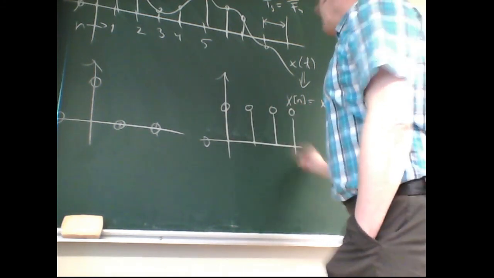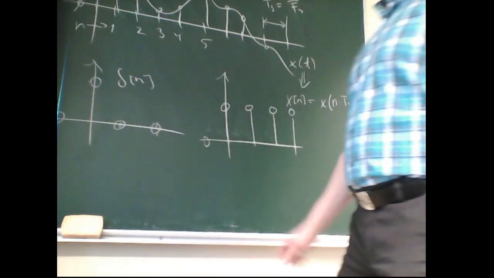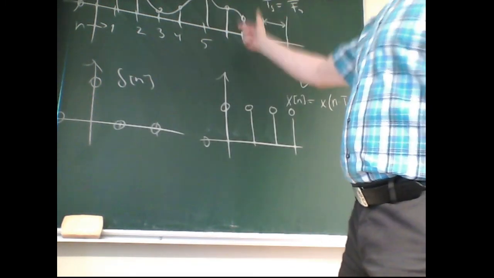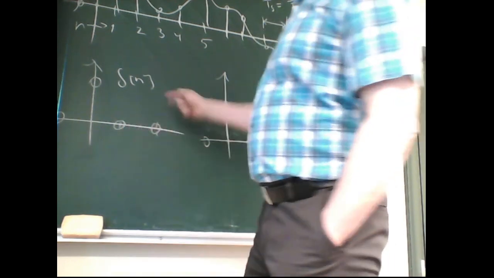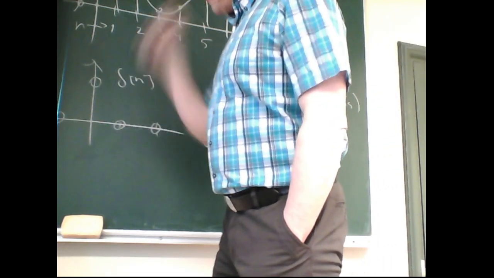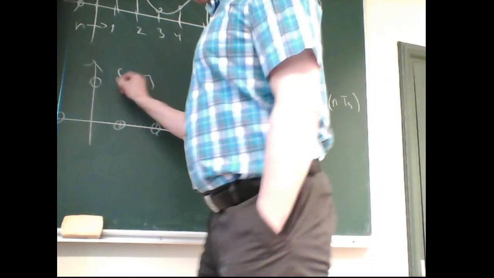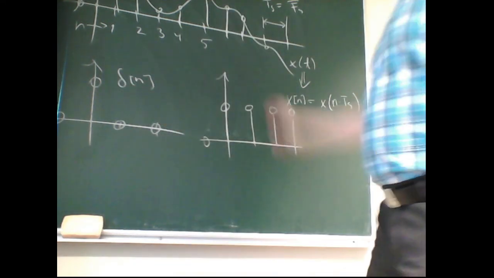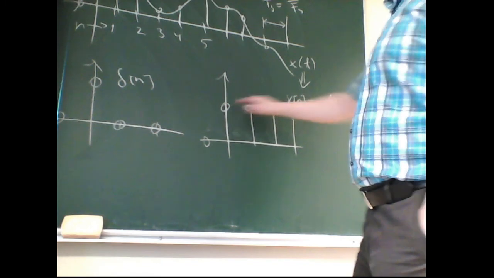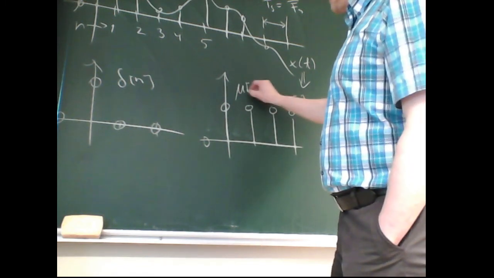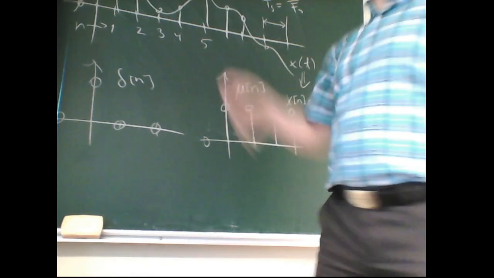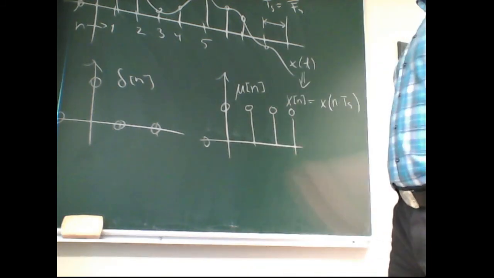So basically, if you need a simple one peak somewhere, you would use a unit impulse function. And if you want to, for example, start a signal somewhere, then you would multiply the signal with the unit step function.